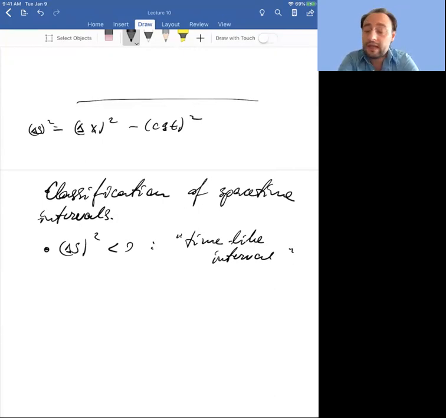Notice, because the sign of the interval must be preserved under Lorentz transformations from one frame to another, if an interval is time-like, there exists an inertial reference frame accessible by a Lorentz transformation in which the events take place at the same point.